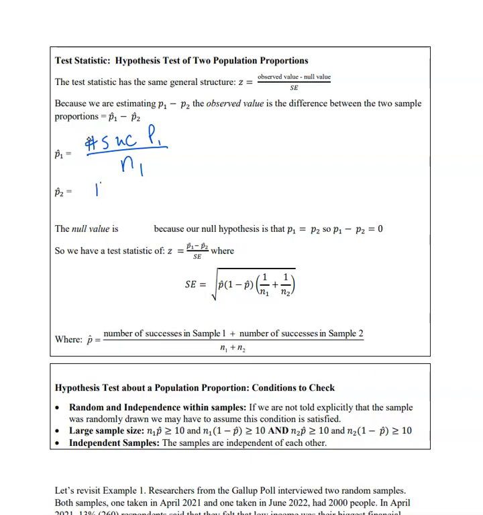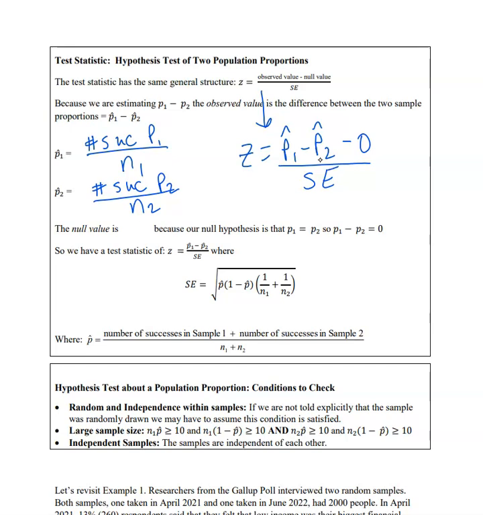And then P2 hat would be the number of successes for P2 divided by N2, the sample size for P2. So the test statistic would be the observed value minus the null value divided by the standard error. So the observed value would be the difference, P1 hat minus P2 hat. And then the null value would be 0, and then divided by the standard error.